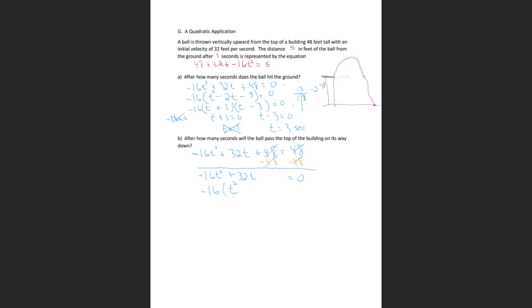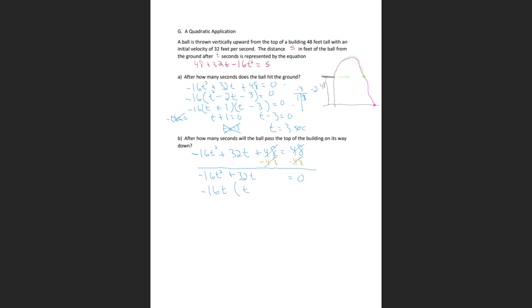Sorry, that's not right either, is it? They have a t in common too, don't they? So not only do they have a negative 16, but they have a t. So I should have negative 16t come out.